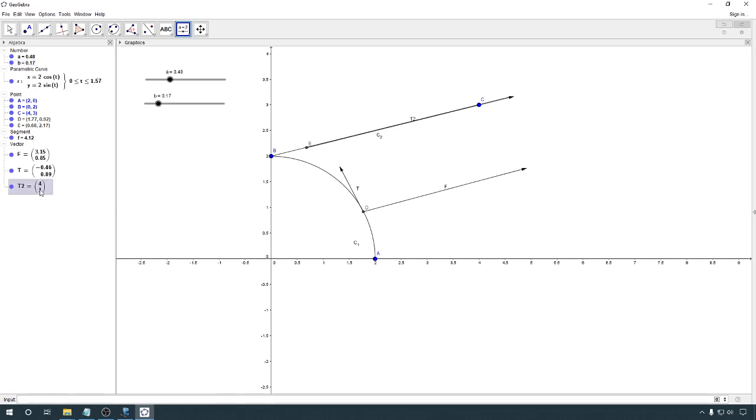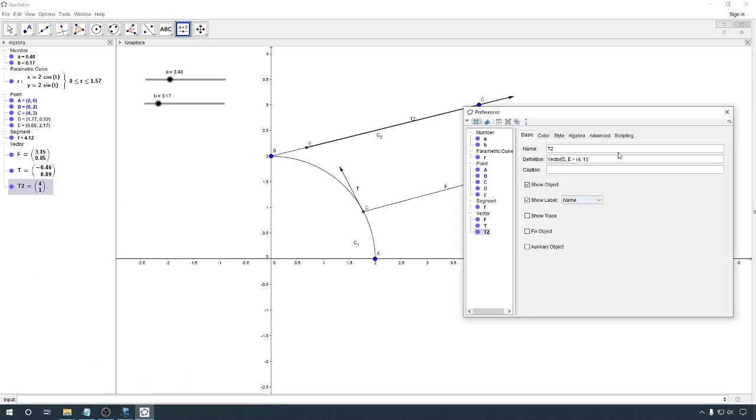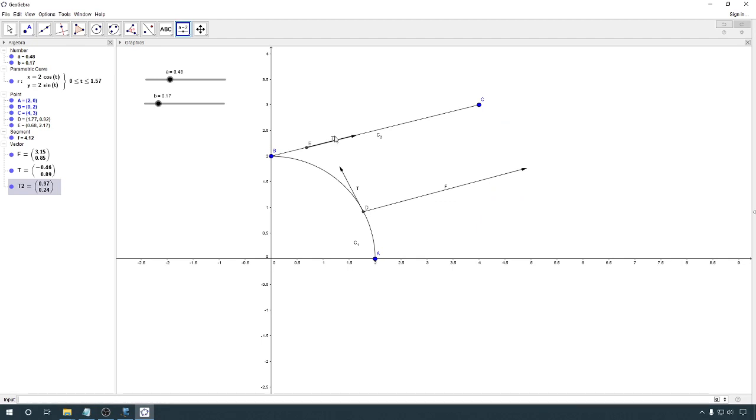Technically, if I wanted to make this a unit vector, and I probably should, let's go ahead and divide 4, 1 by the magnitude of that. So that would be square root of 17. So we have our unit tangent vector. Well, you look at that. The point is constantly just moving along that line. It doesn't change direction.